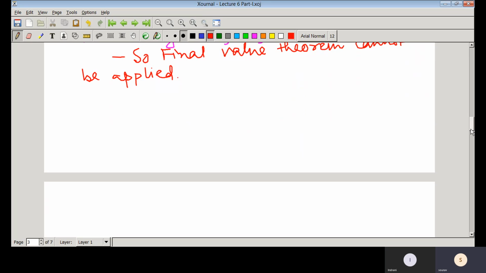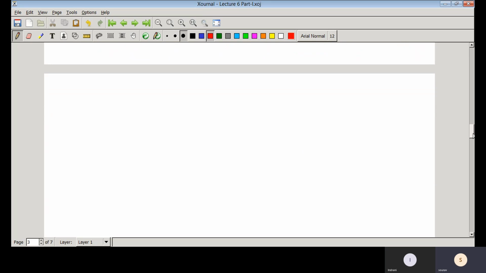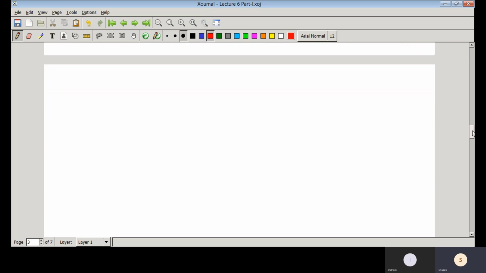So now let us take one example, and I would ask all of you to simulate this example in MATLAB, then you can see what happens.